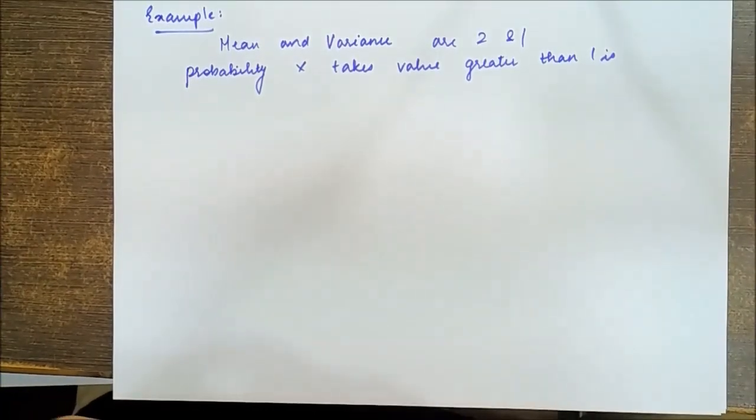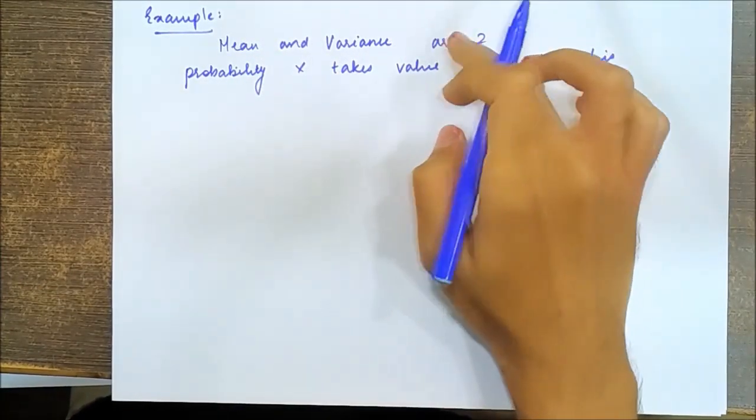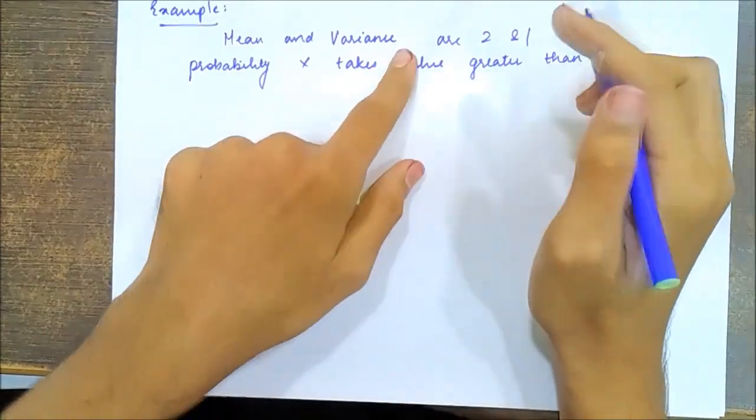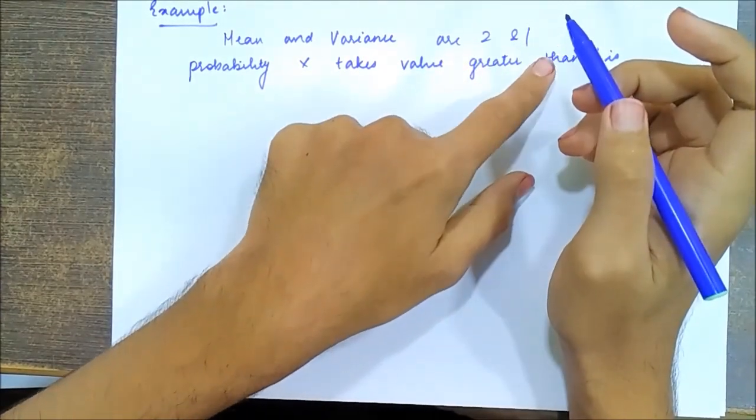Now we'll consider an example where the mean and variance of a binomial variate X are 2 and 1. So the mean is 2 and the variance is 1.